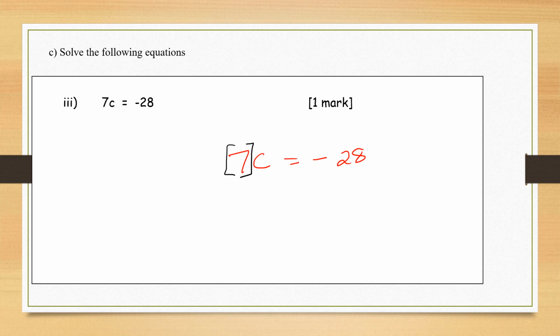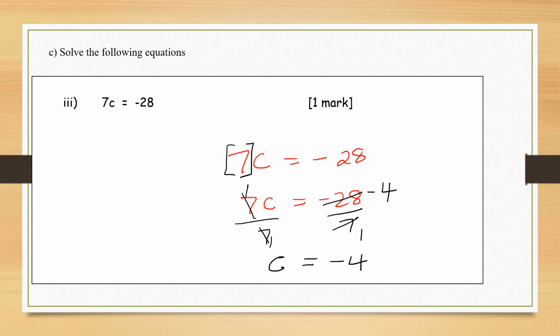So I'm going to write 7c, write it over, and I'm dividing by 7. And I have to do it to both sides of the equation. This will cancel. I'm going to get c is equal to 7 into 7 is 1. 7 into negative 28, I'm going to get negative 4. So the answer is negative 4. c is equal to negative 4.